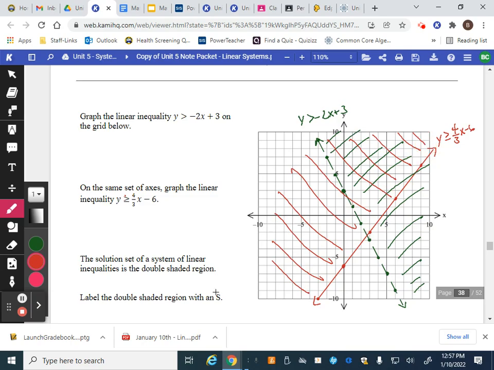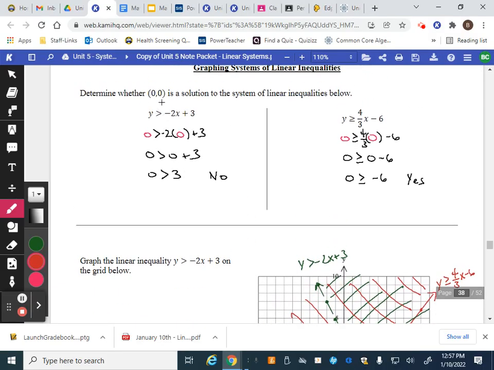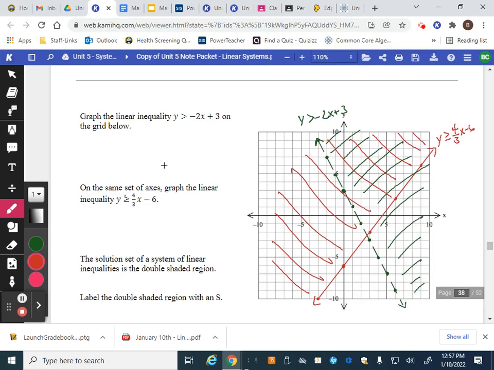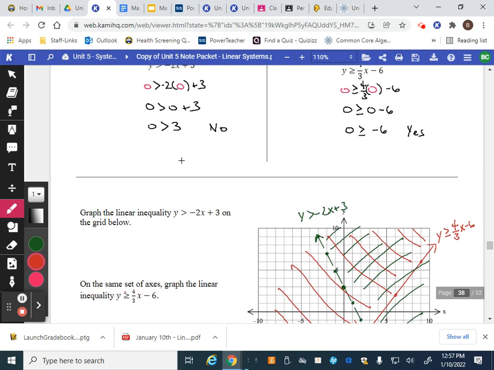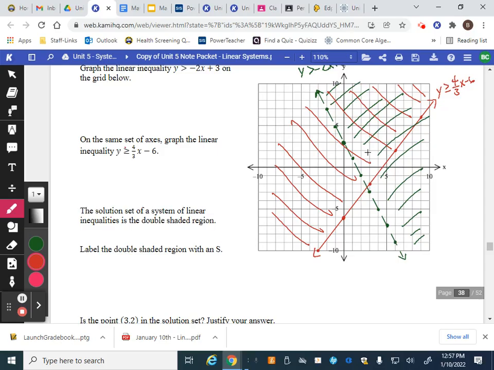If we go back up to the top here, 0, 0 was not in the solution set for the first inequality. And as you can see by the green graph and shading, that's true. 0, 0 doesn't show up. It's not in the shaded region. But in the second one, it is, and that shows up in the solution set as well.